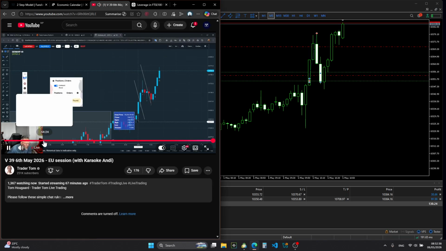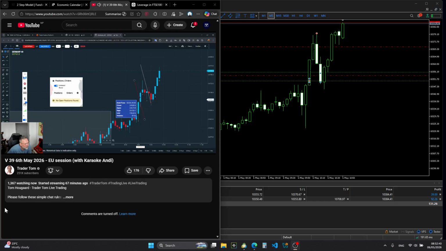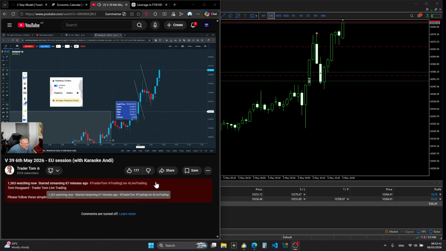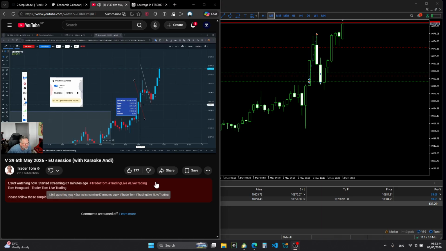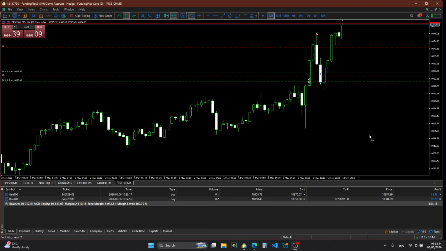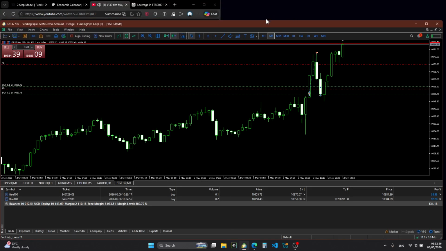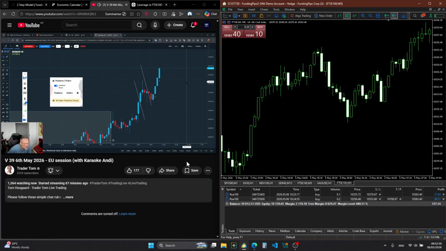Now measure the next swing, the next leg. So if this leg is that high, then the next one should be that high. And we're getting pretty close to that.